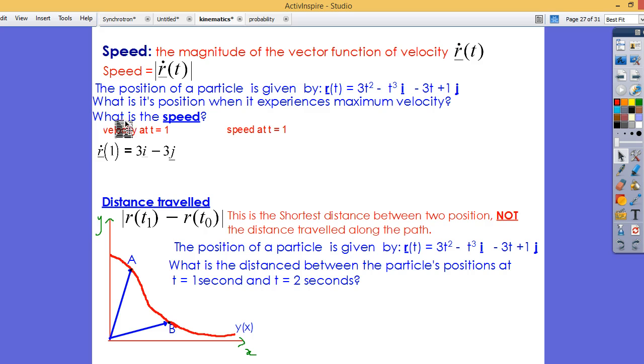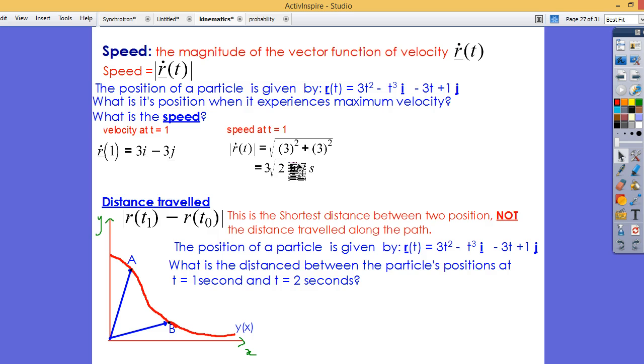This time we're thinking about what is the speed. Well, we worked out previously that the velocity at t equals 1, which is when the position experiences its maximum velocity, is given by that. So now, by taking the magnitude of that, I'm getting my speed. Okay, where I get 3 root 2 meters per second.